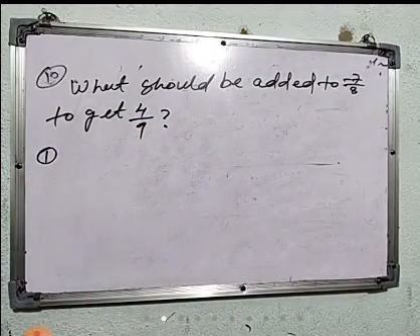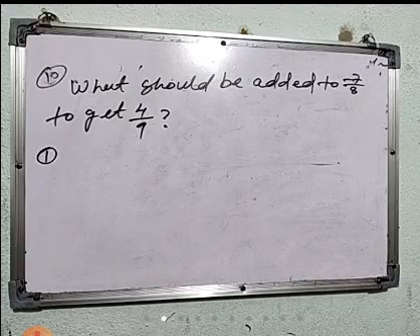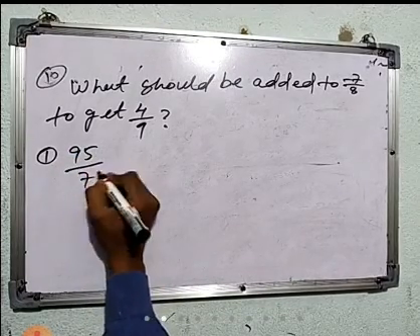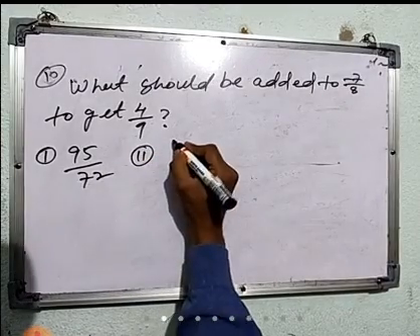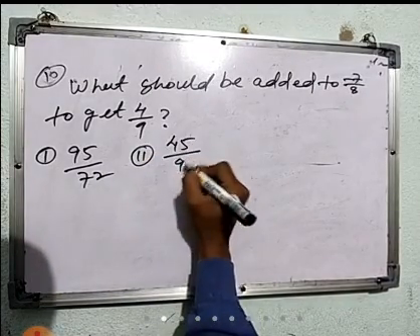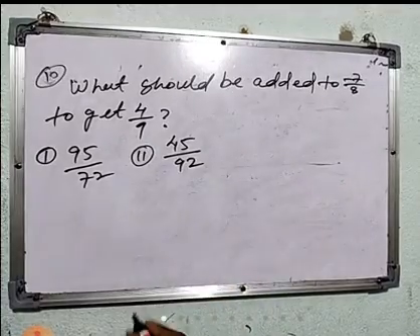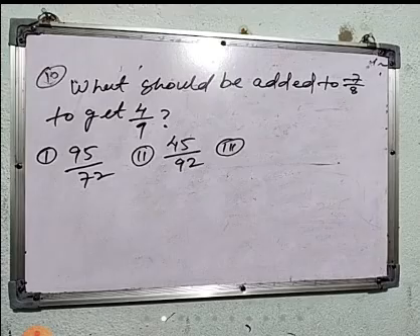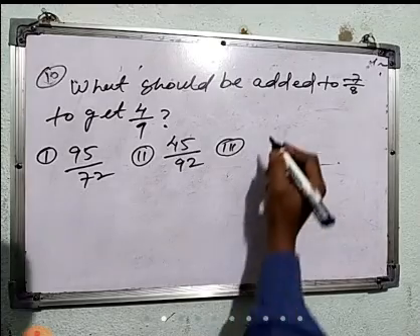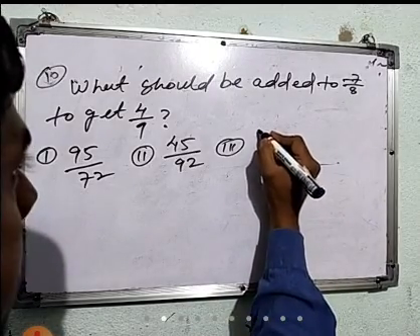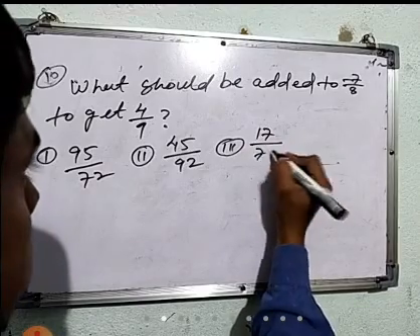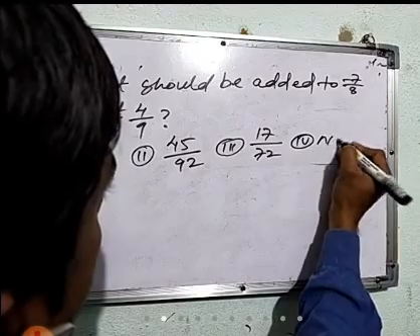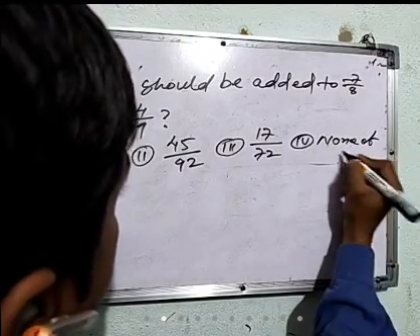You have option 95 by 72. Second option 45 by 92. Third option 17 by 72. And fourth option, none of these.